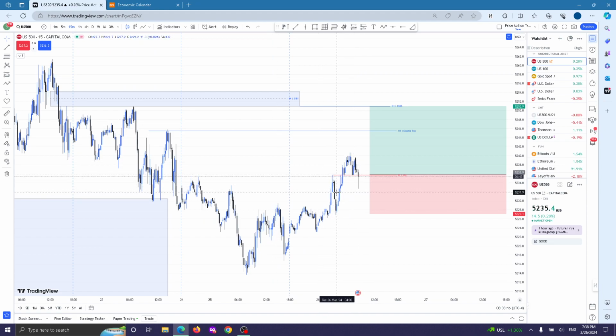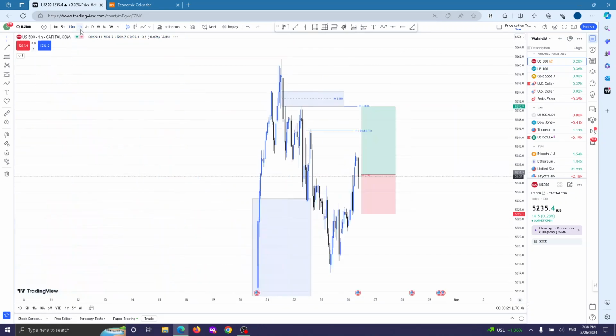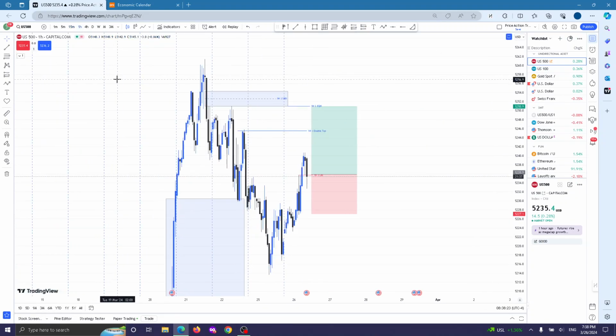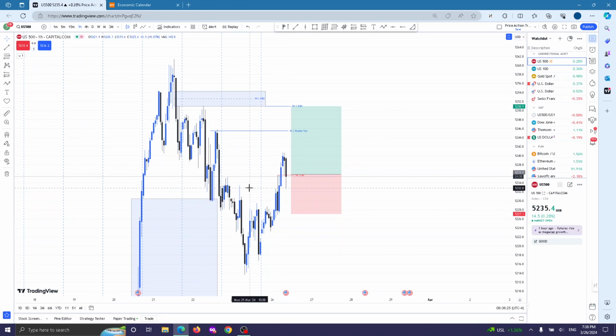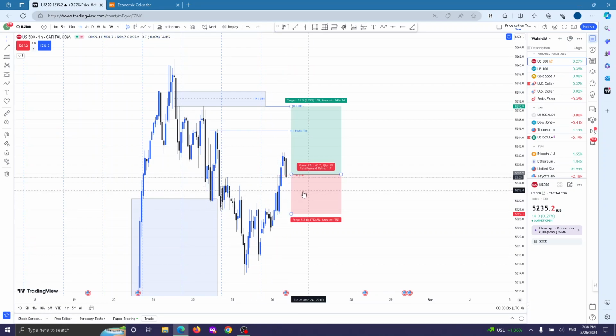We have a BPR here. That's a breaker. The breaker is in line with this order block. Price is reaching into it.